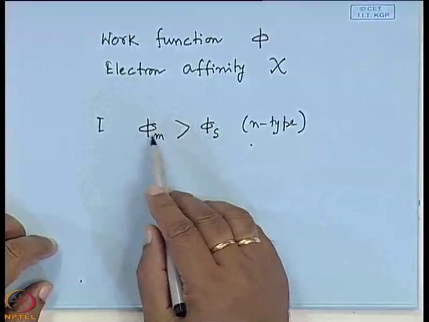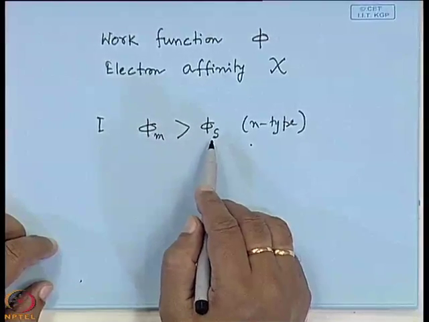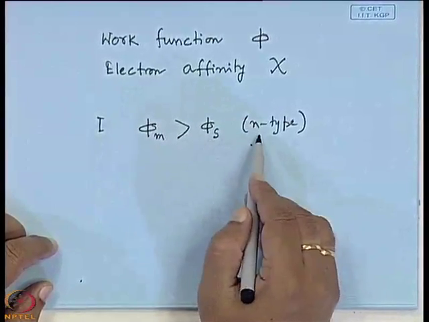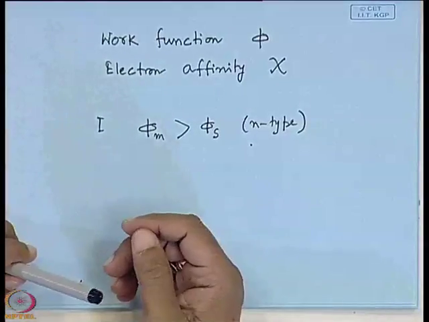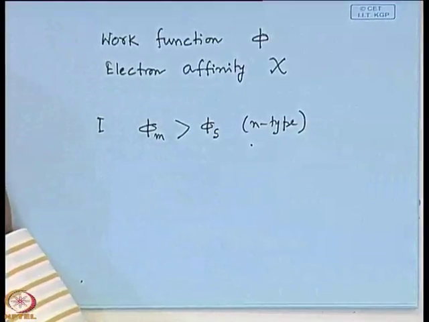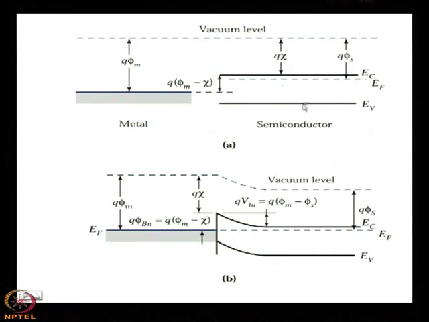That means the metal work function is greater than the semiconductor work function for n type material. So, then what will happen? This is an isolated metal and an isolated semiconductor just before the joining. Now, when there is joining, what will happen? Electrons flow from semiconductor to metal.